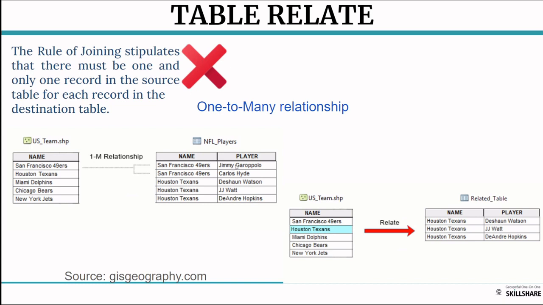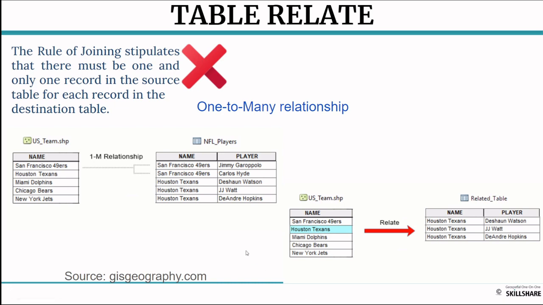So Jimmy plays in San Francisco 49ers, and then we also have Houston Texans. But if you look at this table, we see that we have about three Houston Texans players in the destination table, and we have one Houston Texans in the source table. Now we don't know how to connect the same name to just one record in the table.